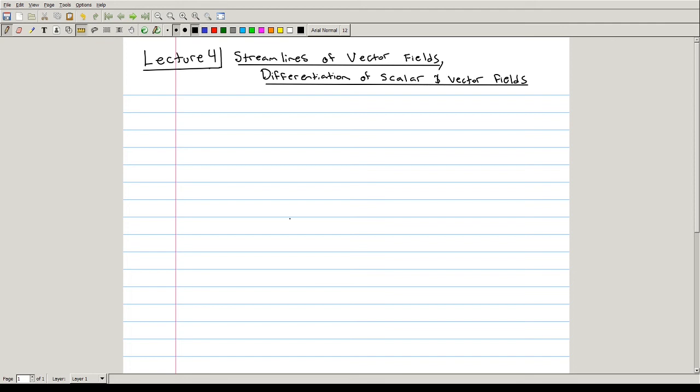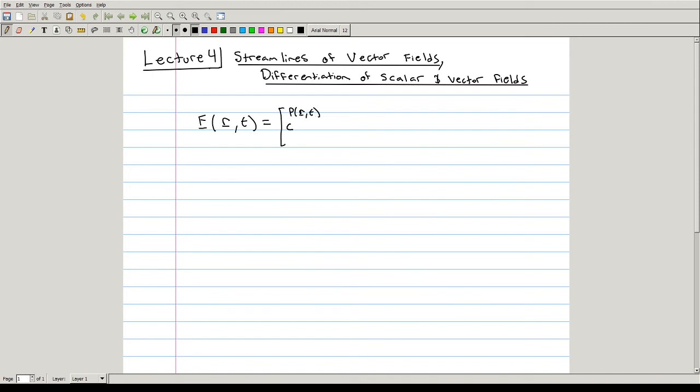So first, we'll start with a couple different baseline definitions of what we mean by a streamline for a given vector field. So let's assume that we have some vector field f that may be dependent on position and on time. Remember, this means that we'll stick in 3D.